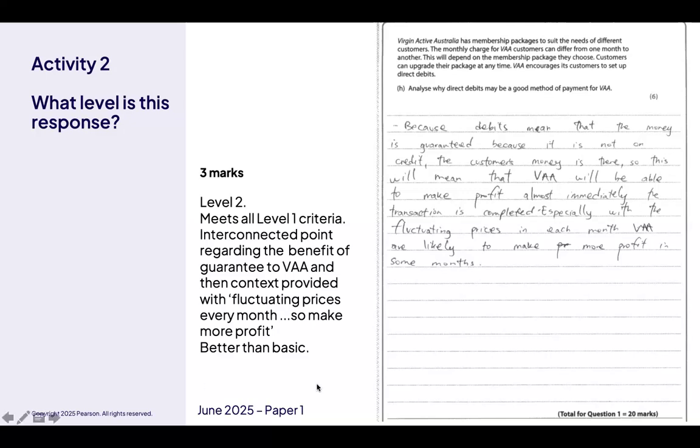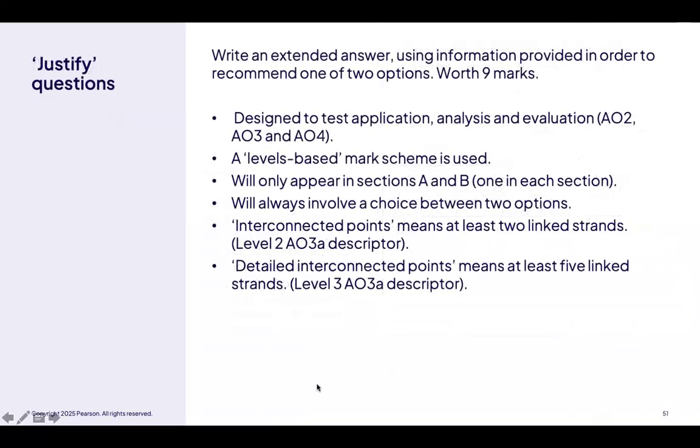And we're going to use those again with the next question type, which is justify. And this is a different style of question. And again, I think your students need to be prepped and readied for this type of question. So can I go through what this question involved? First of all, it's worth 9 marks, using information provided in order to recommend one of 2 options.